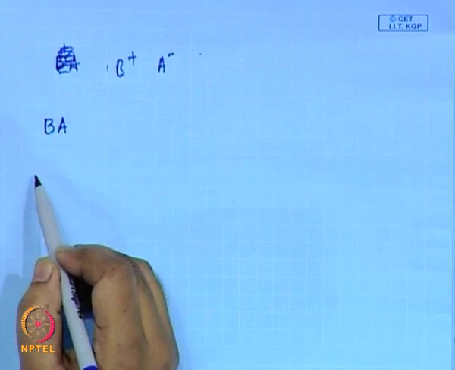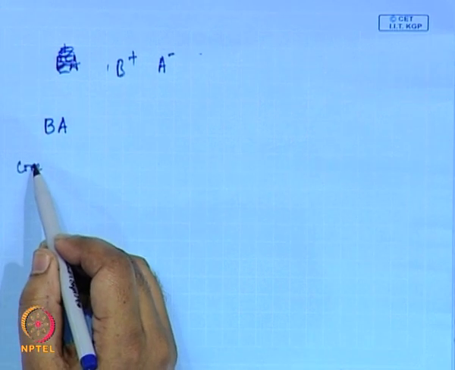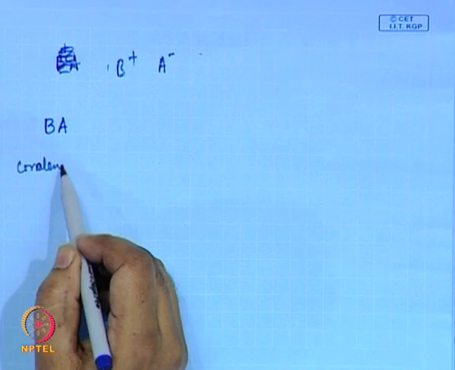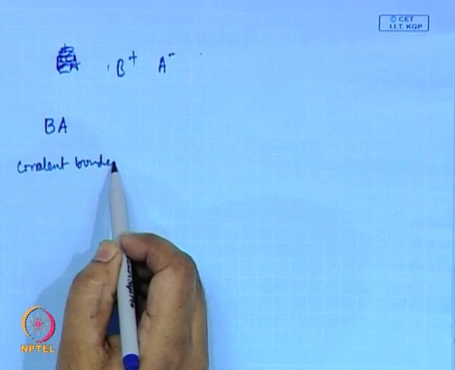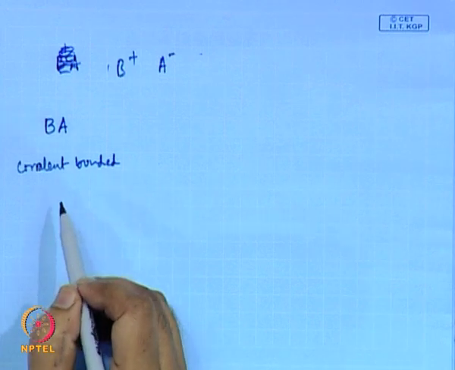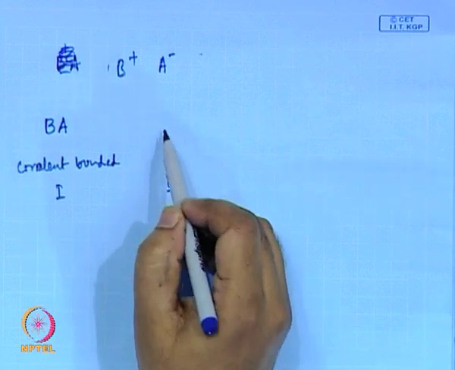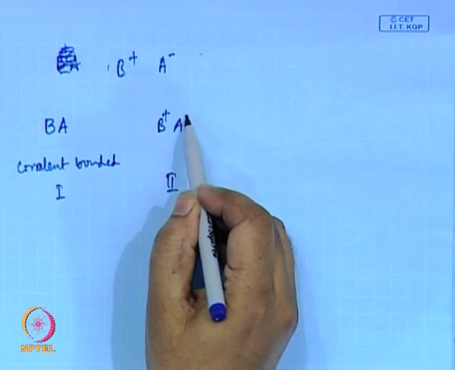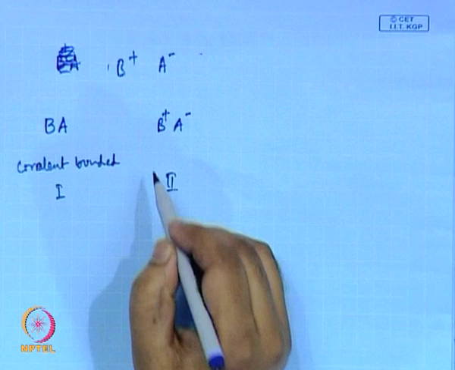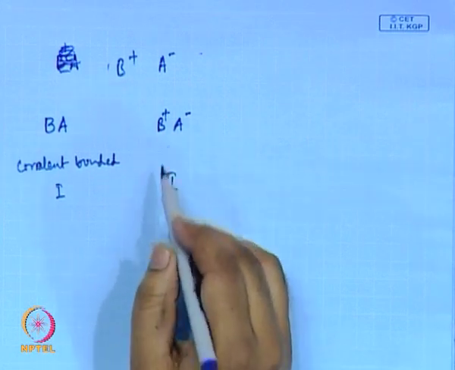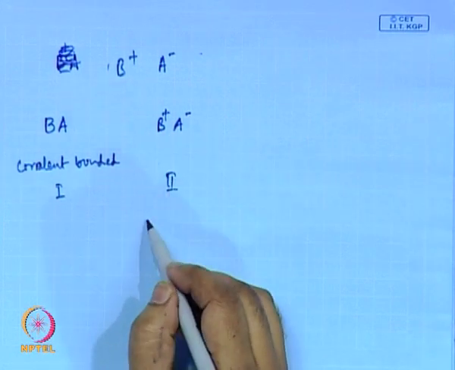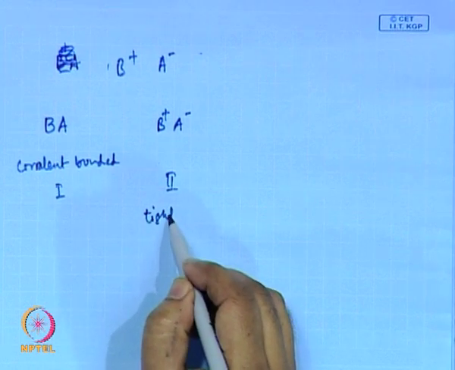One, they can be completely covalently bonded. Two, they can be a tight ion pair. These are very tight, with no solvent molecule in between.